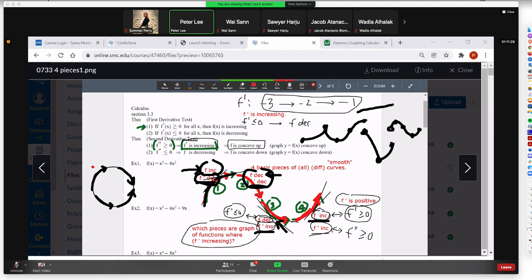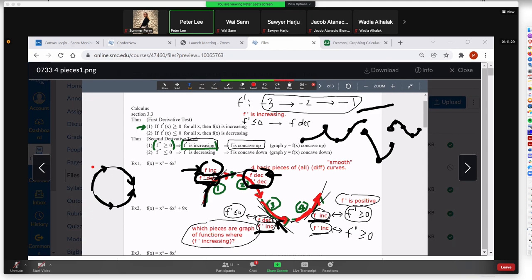We need f prime, the derivative, and the second derivative, both in factor form, because we have to analyze the sign. The second derivative is 6x minus 12, which is 6 times (x minus 2). Again, we need that in factor form. So the first step is to find the first and second derivative.